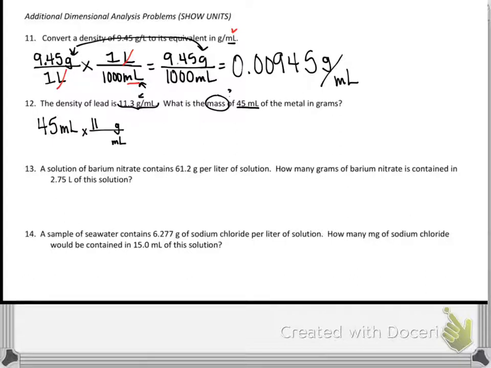So it's 11.3 grams for 1 milliliter. We can now cancel out our milliliters, and we can do our math. So 45 times 11.3 is 508.5. Which unit survived? We have grams.